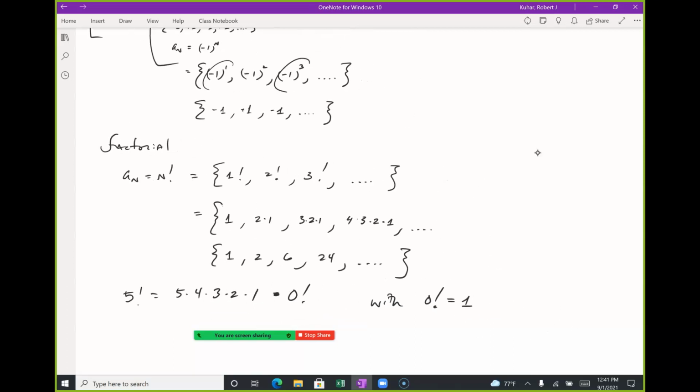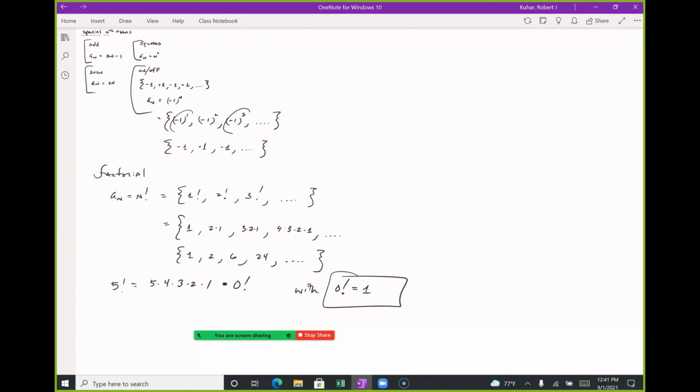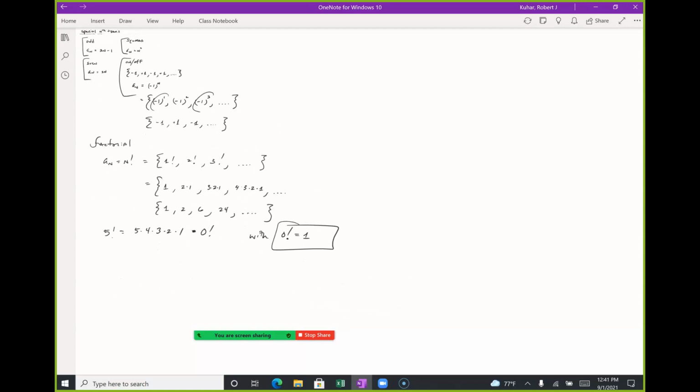And this is a little bit of a strange concept, but since 0 factorial is equal to 1, I didn't even include it in my notation up here. Right? I just said 2 factorial is 2 times 1, and that's 2.